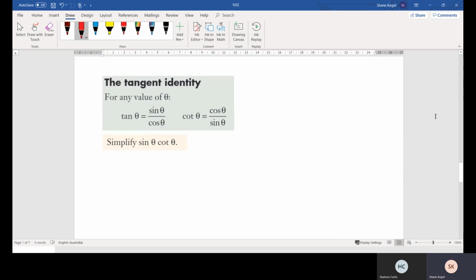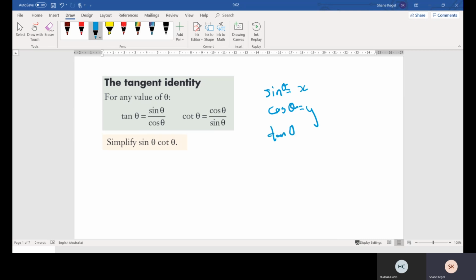Now we have a couple of identities we can make. So if we remember back to our last, or 901, we knew that sine theta equals x, cos theta equals y. Sorry, there should be a theta in here.